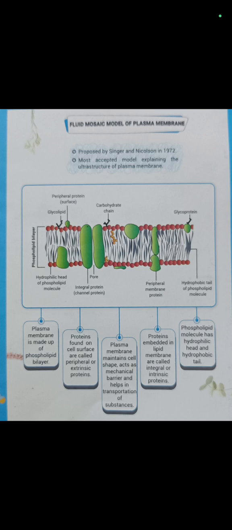Also, there is an integral protein present which helps in the movement of selective substances that the cell wants to get in. For example, aquaporin. Aquaporin is a specialized channel which allows only water to come inside.